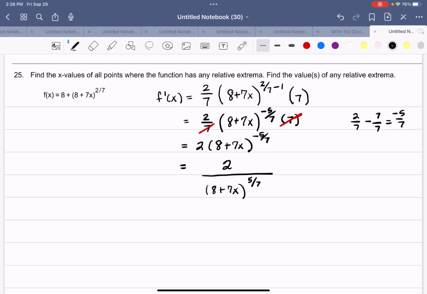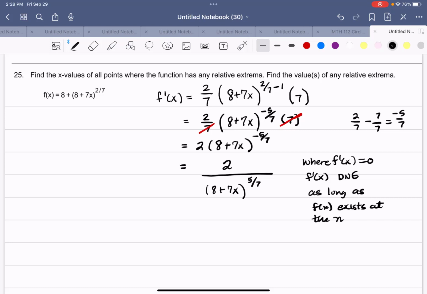5/7. Now, to find our critical numbers, we have to remember there are two kinds of critical numbers, where f prime of x is equal to 0 and where f prime of x does not exist as long as f of x exists at that number.